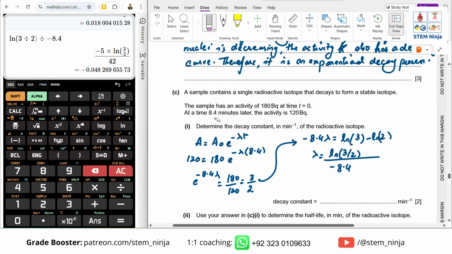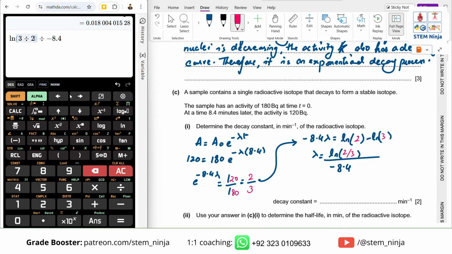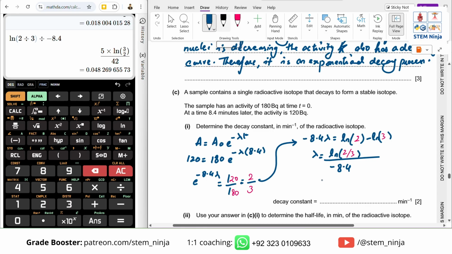I actually wrote it in reverse. This is going to be 2 over 3. So 120 over 180, so that's 2 over 3. So ln of 2 over 3 divided by 8.4 gives 0.048 per minute.